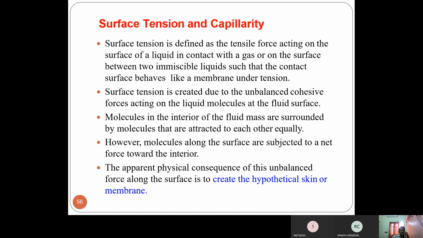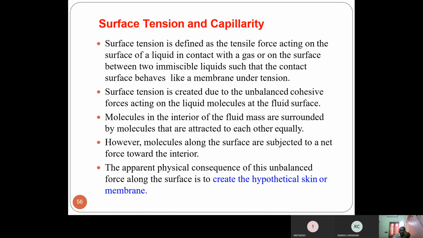Surface tension is created due to the unbalanced cohesive forces acting on the liquid molecules at the fluid surface. Molecules in the interior of the fluid mass are surrounded by molecules that are attracted to each other equally, because a liquid substance consists of a large number of molecules.